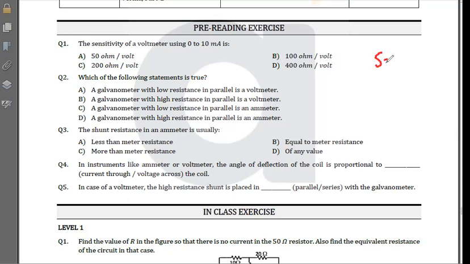Sensitivity, when you talk about sensitivity, it is 1 by current, right? 1 by I. Okay. Tell me.